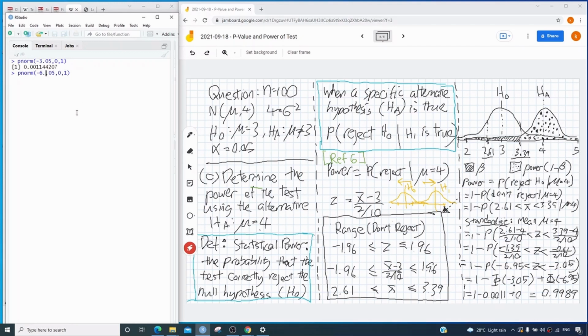I think I forgot a comma here. It is 0 because it is really small, so the system gives 0. So we will have 1 minus 0.0011 plus 0, and the final value is 0.9989. This is the answer for part C.